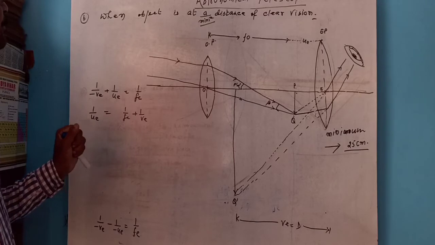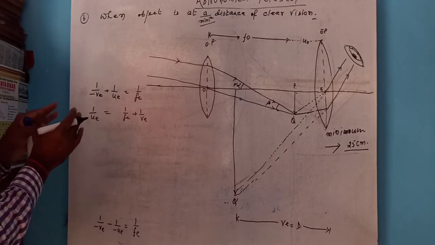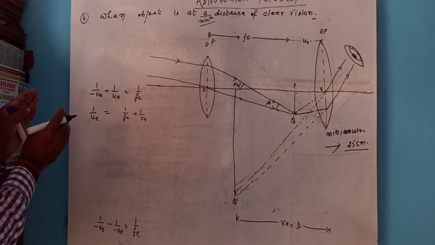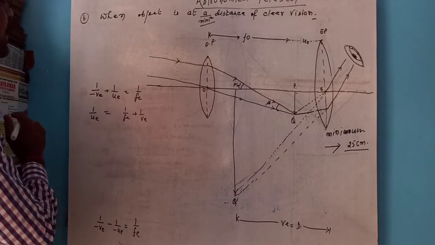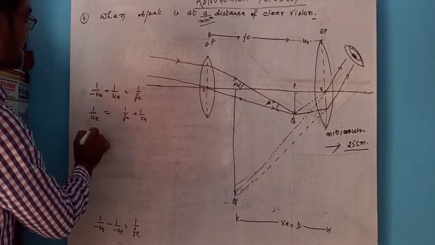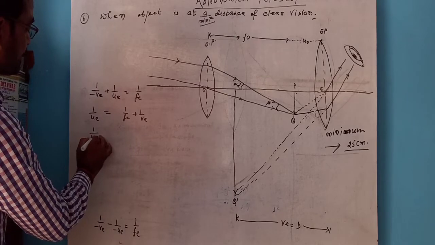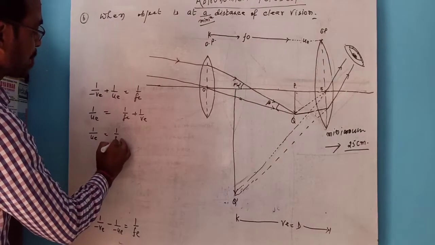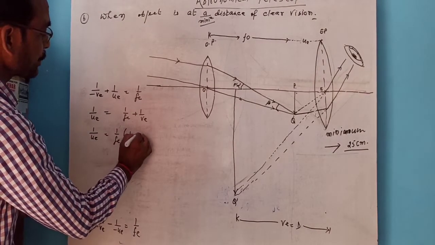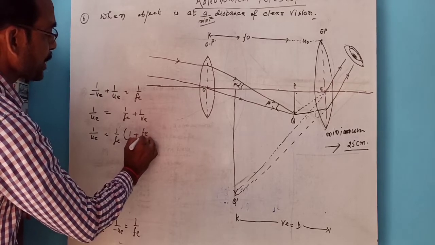Taking 1 by FE common, 1 by UE equal to 1 by FE into 1 plus FE upon VE.